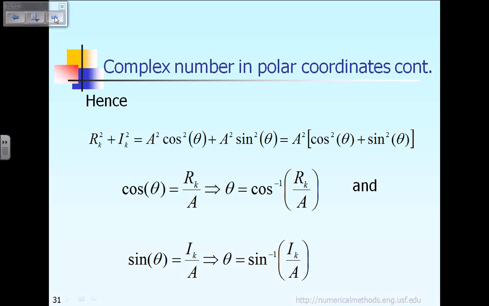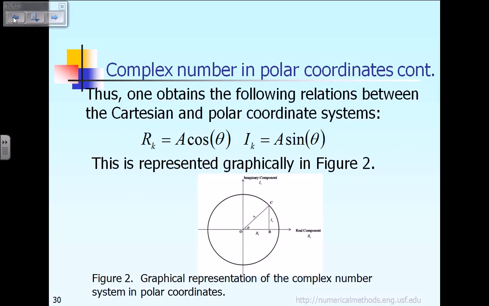According to the definition like that, we can say r_k squared plus I_k squared is equal to what? From the previous picture, you can see the real part r_k squared plus the imaginary part I_k squared should be equal to A squared. As a matter of fact, if you look at the two formulas here, r_k equals A cos theta, I_k equals A sin theta.